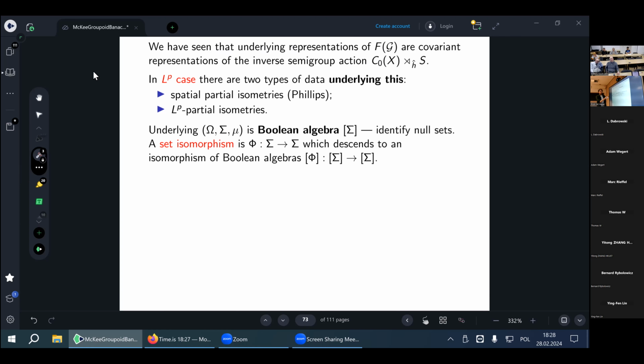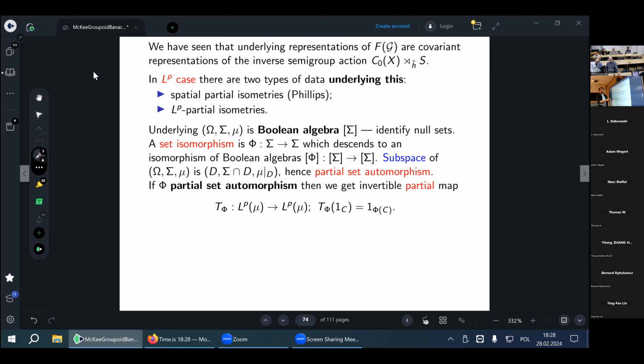So then we have this definition of a set isomorphism. It's a map from measurable sets to measurable sets, which at the level of this Boolean algebra is an isomorphism. This was all considered by Phillips. But of course, we have an inverse semigroup. We don't want it to act as isomorphisms. We want it to act as partial maps.